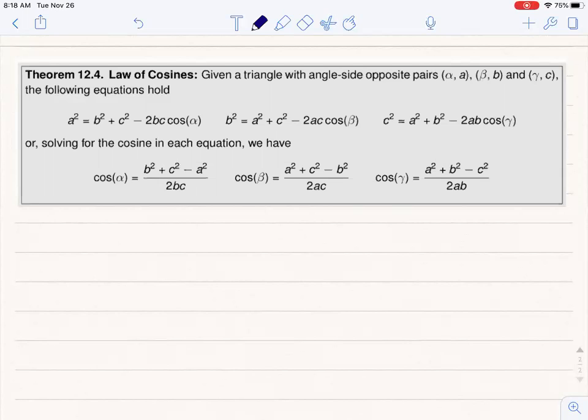So here we're able to solve for alpha, here for beta, and here for gamma. Or if you prefer, these are the same equations rearranged, solving for cos alpha, cos beta, and cos gamma. Hence the law of cosines, because it uses cosines. Ta-da. Okay, great.